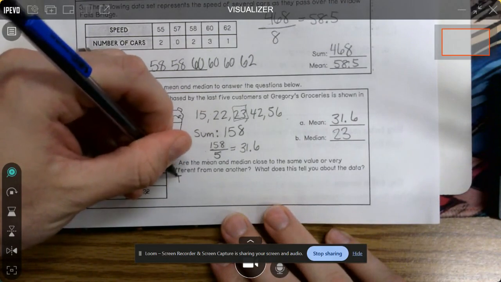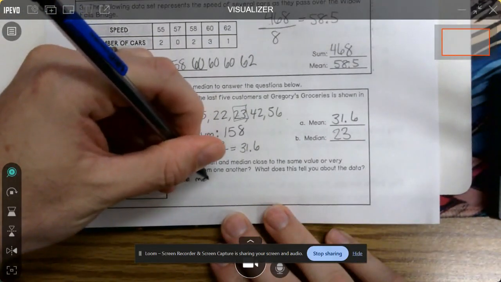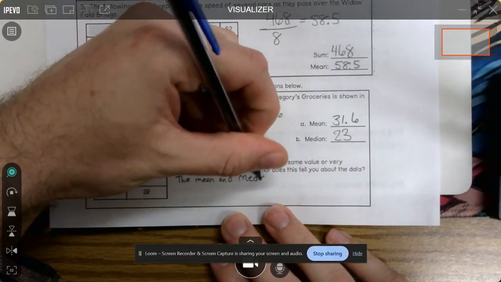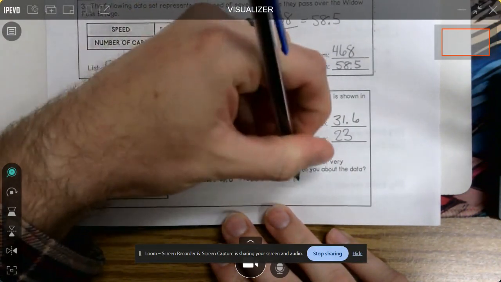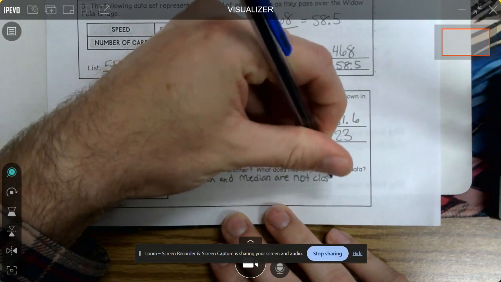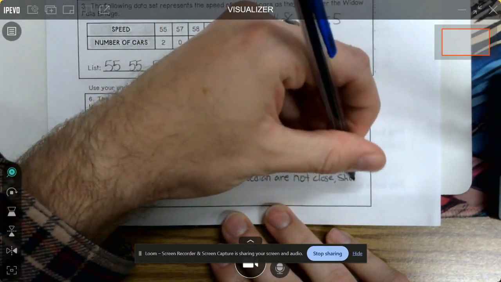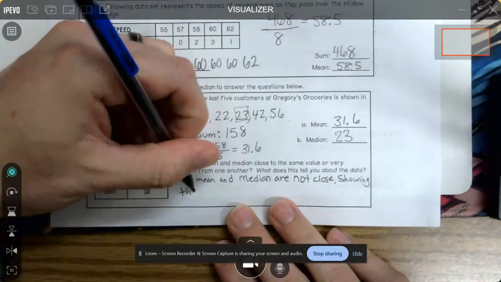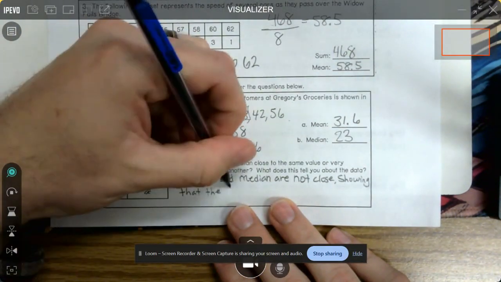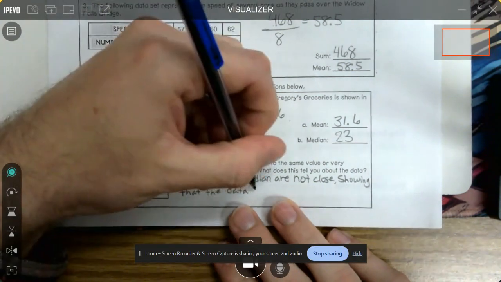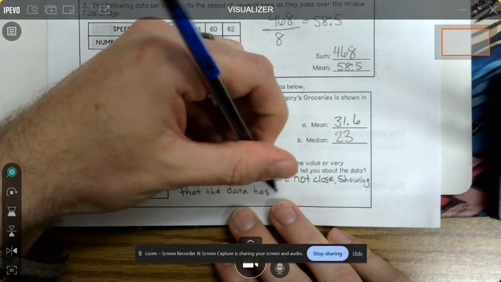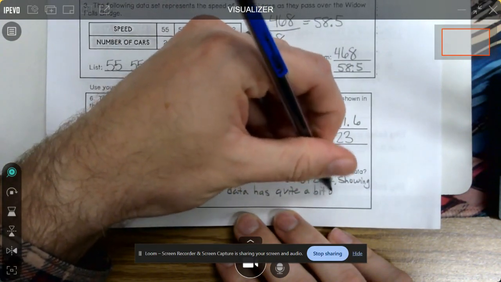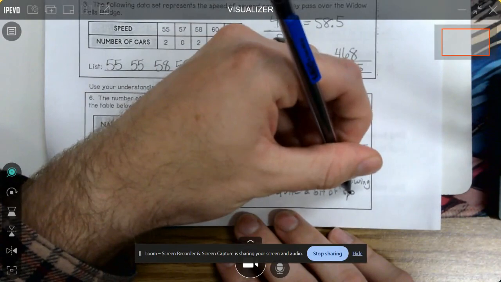So we could say the mean and median are not close, showing that the data has quite a bit of spread. So this means the data points are not very close together.